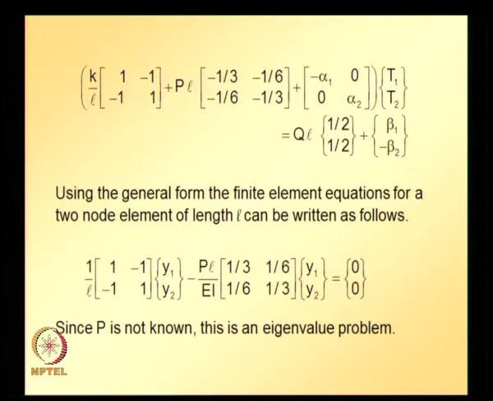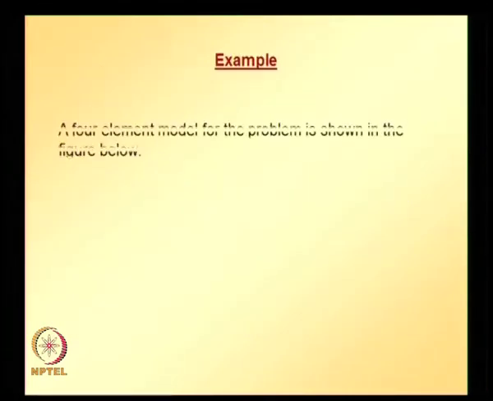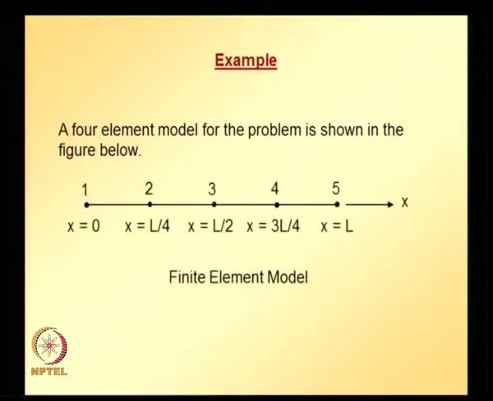So now let us take an example on column buckling. A 4 element model for the problem is shown in the figure. The simply supported column of length L is discretized using 4 linear elements, or 5 nodes in total, and each of the elements is of the same length, and the length of each element is L over 4.